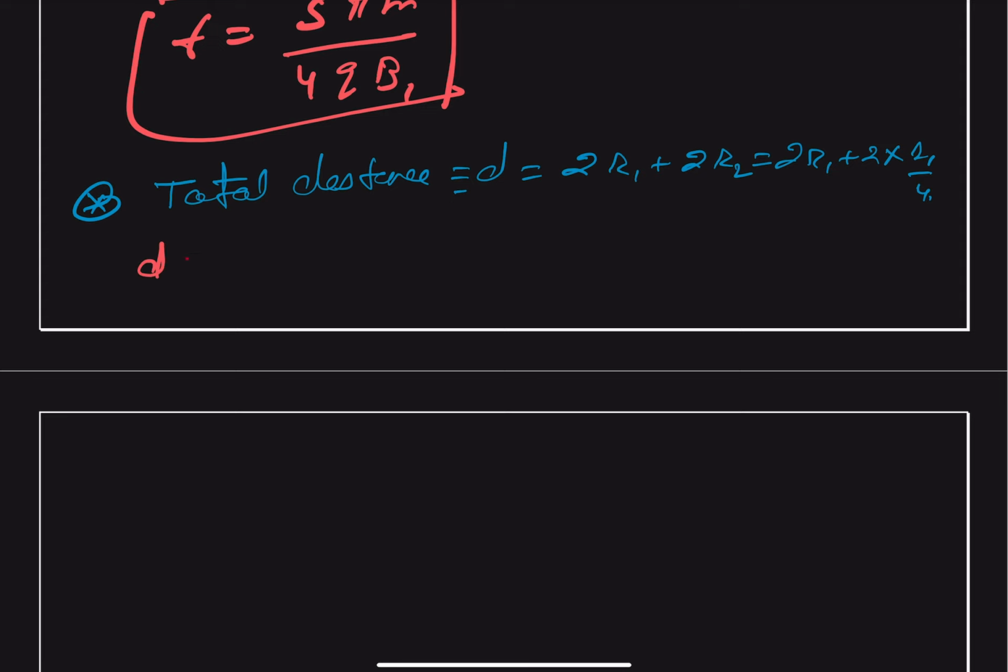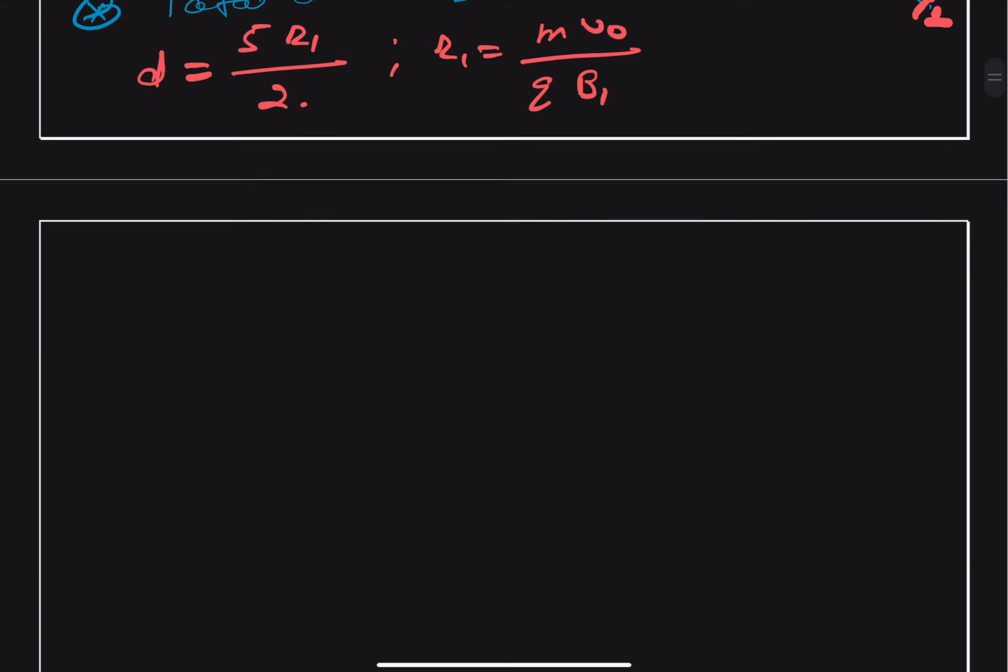So we get d is equal to twice r1, and here this 2 goes with this 2, so we are left with 4, and this comes as 5 r1 by 2. And we already know that our r1 is m v0 upon q b1. Therefore we can write that d will be equal to 5 m v0 divided by 2 q b1.